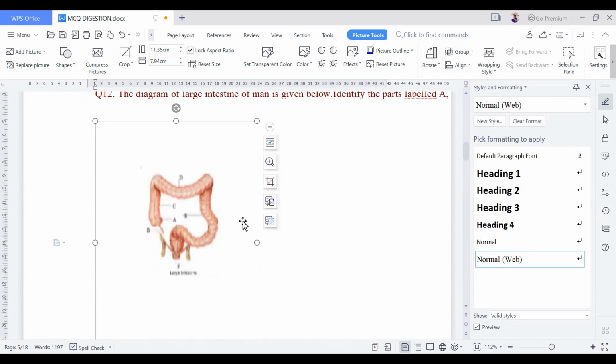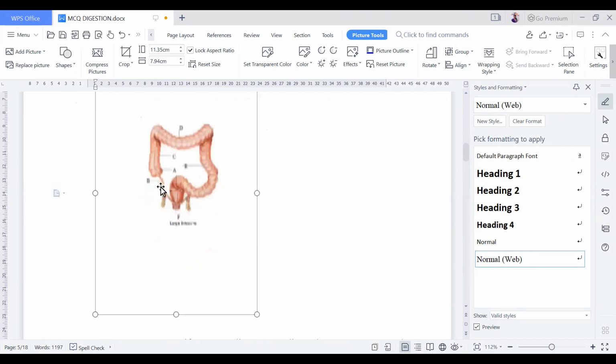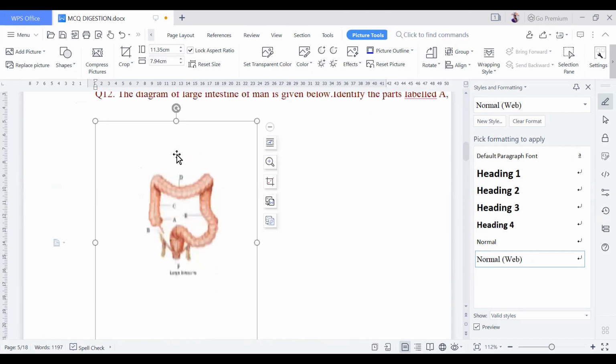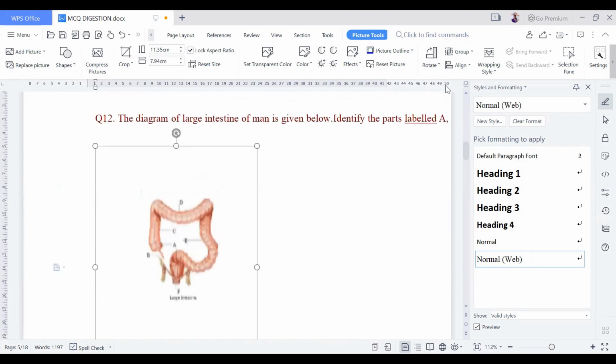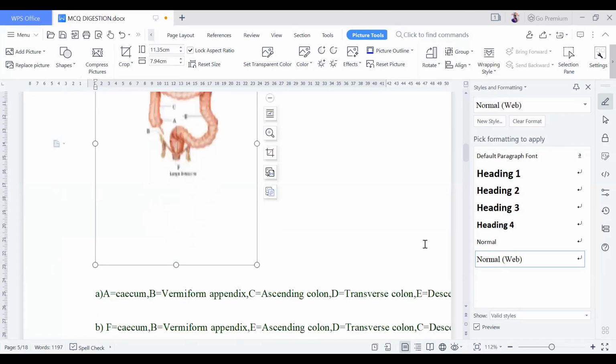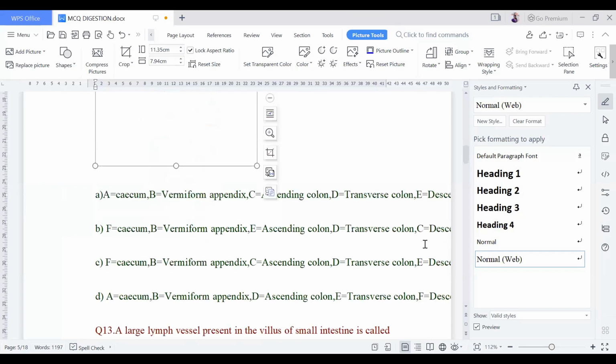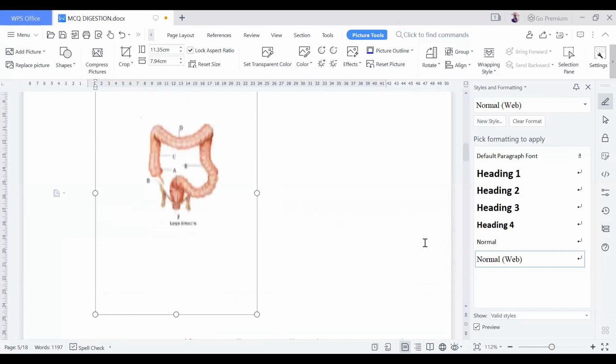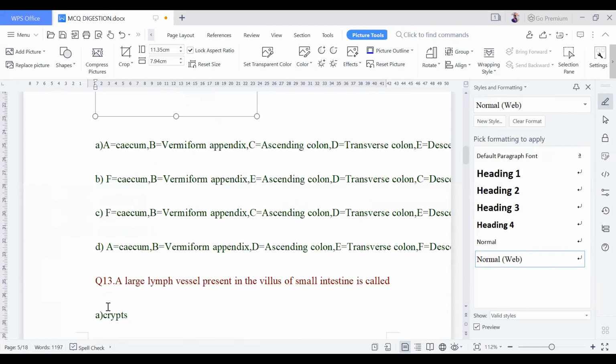Just check. Yes, ma'am. Okay. Now the question is, identify the parts labeled as A, B, C, D, and E. Options are given below. See the options.